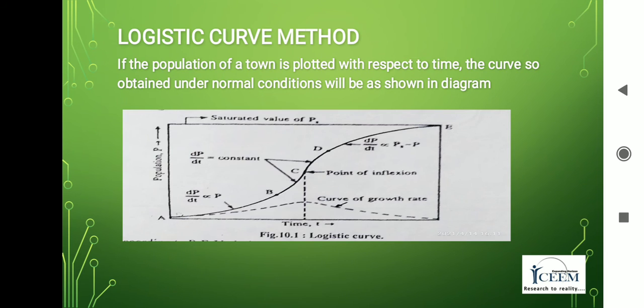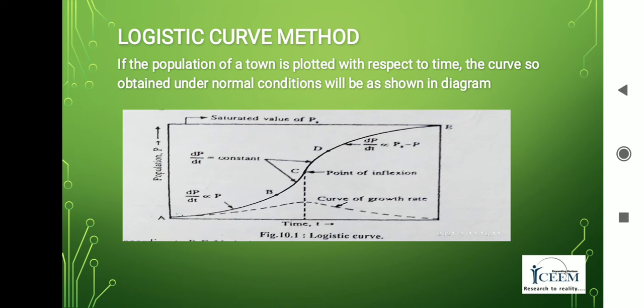Next method of population forecasting is the logistic curve method. If the population of a town is plotted with respect to time, the curve so obtained under normal conditions will be like the figure shown in the diagram.